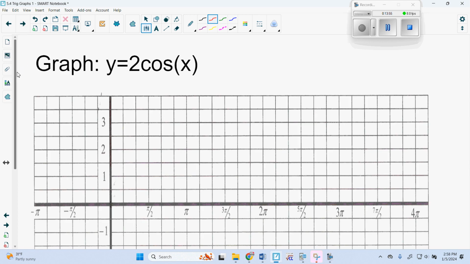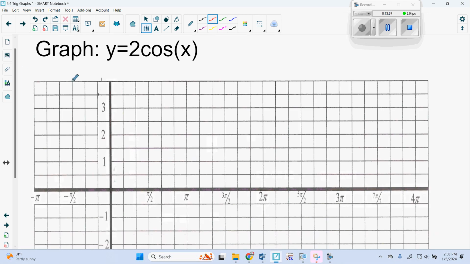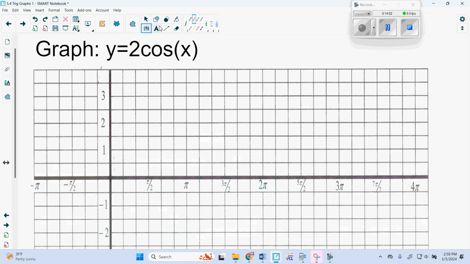So if I want to graph 2 cosine, we have to know those basic shape, those 5 key points of cosine. And we know cosine starts at 1, but because our amplitude is 2, cosine is going to start at 2.